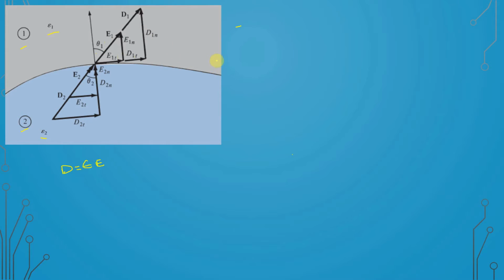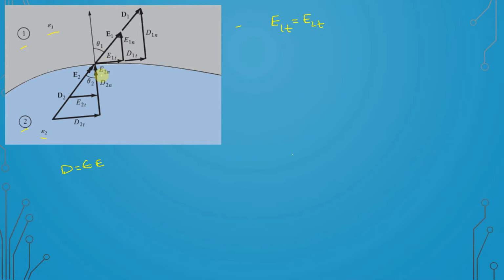So here we know that the tangential components are continuous across the interface, so E1t is equal to E2t. And what is this E1t?